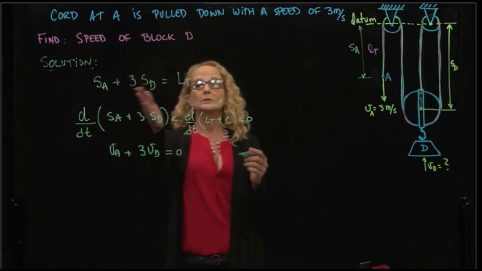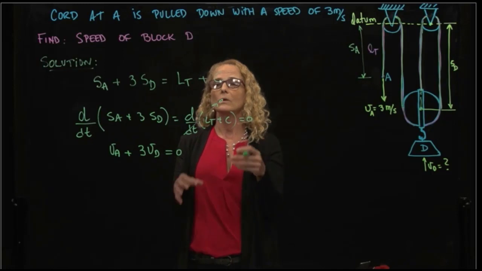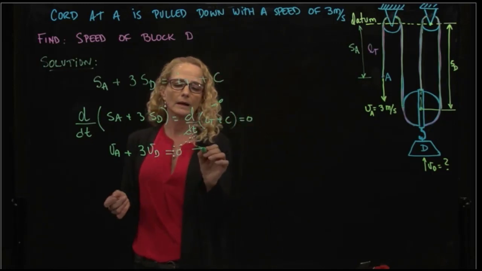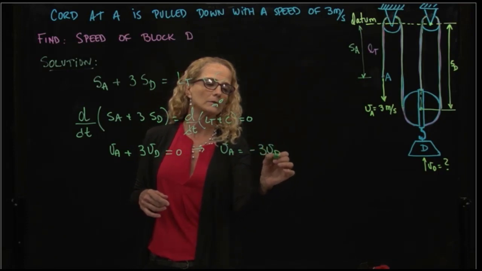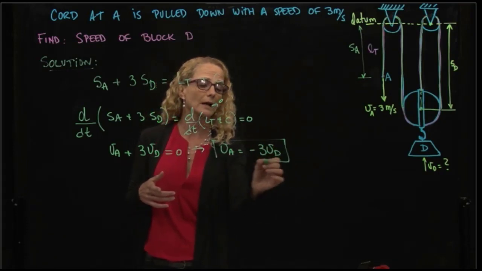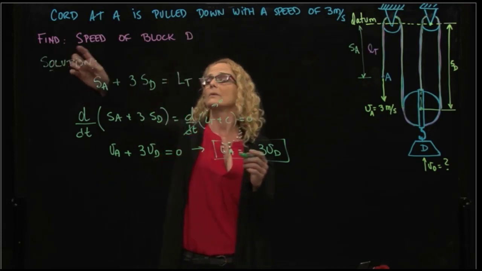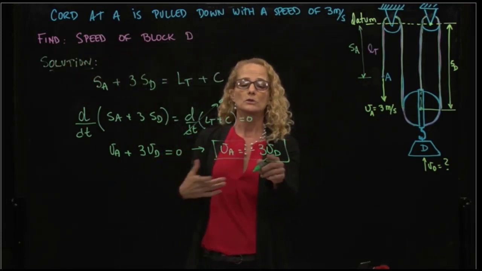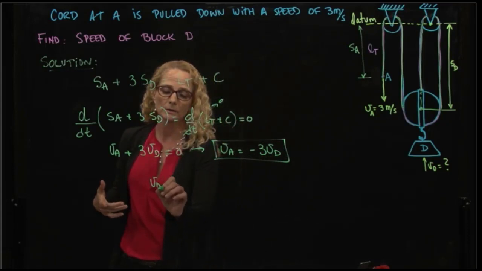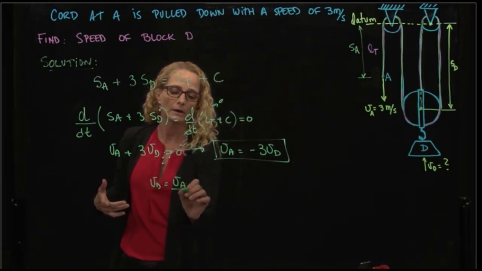So with that expression that relates the length of the cords, I can get a relation between my velocities. This is the expression I was actually looking for, because they want to find the speed of block D with respect to the speed of block A. So the speed of block D will be the speed of block A divided by 3.